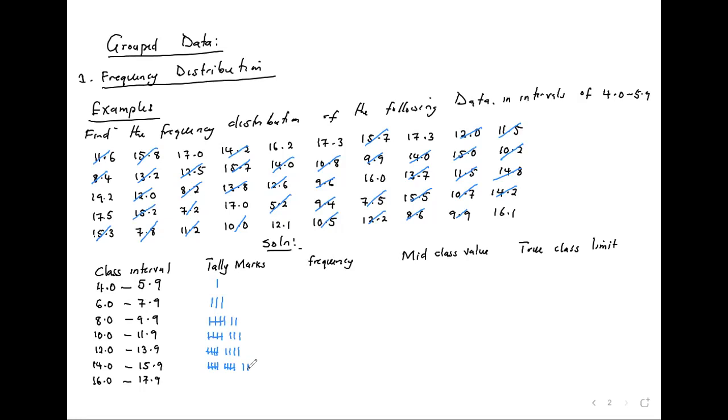Then from 16 to 17.9: 1, 2, 3, 4, 5, 6, 7, 8. The good part of cancelling is that when you have cancelled and one number is remaining, you know that you forgot that number.